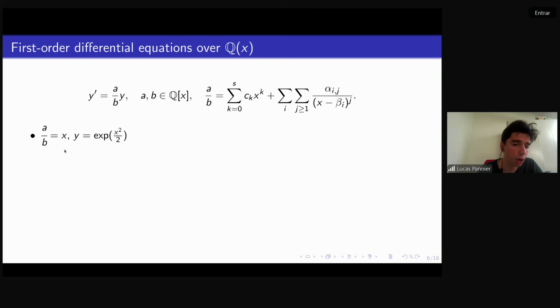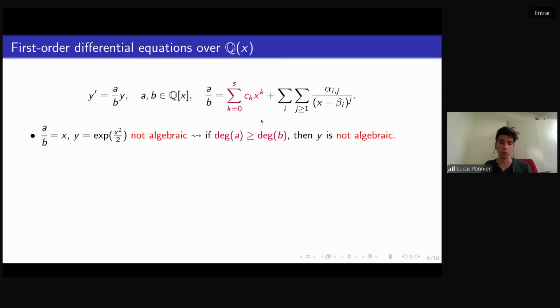So if we compute the solution of the differential equation with a over b equals x, we obtain an exponential of a polynomial, and this is not algebraic. And I hope that you trust me if I tell you that more generally, if the degree of a is greater than the degree of b, that is, if we have a polynomial part in our coefficient, then the solution y will not be algebraic.